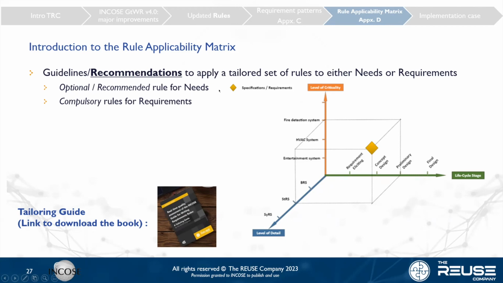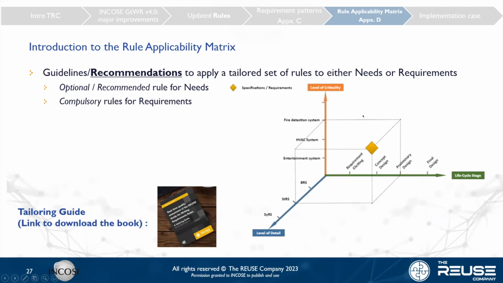So something that we might consider optional when drafting needs, but then considering them compulsory in requirements writing, requirements definition. Everything here is linked to the need for tailoring. So we have here a tailoring guide that we drafted for version 3, which will be updated for this new version, including the new rules and the metrics associated with these new rules.